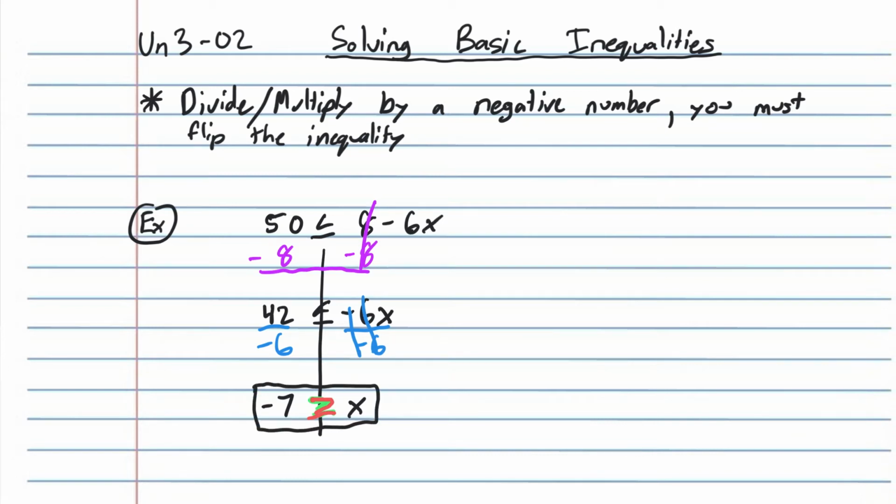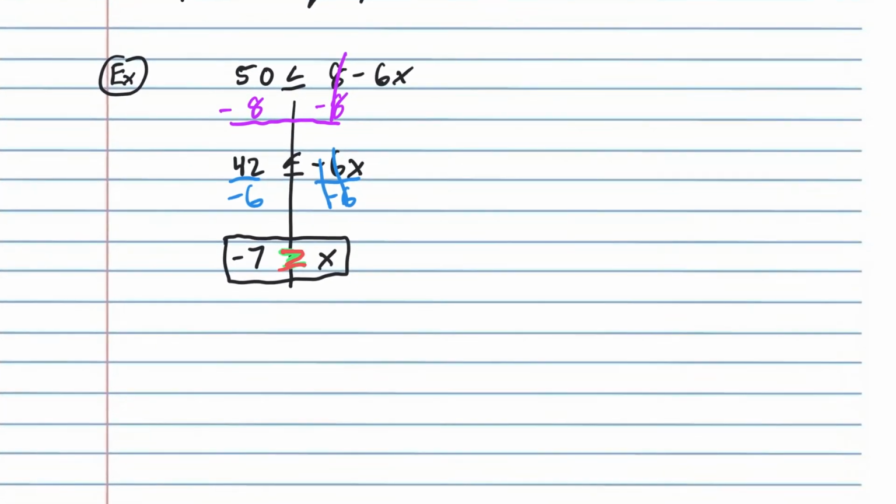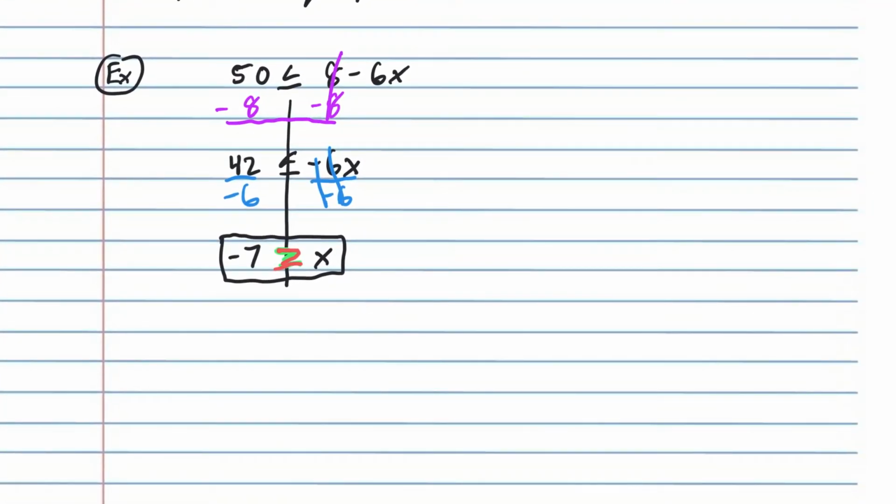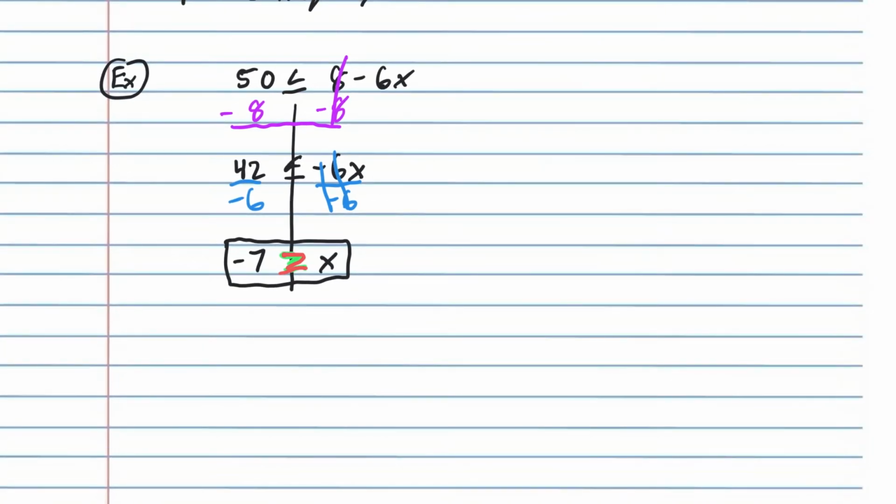Now, as in the previous video, if you're asked to graph this, it might be worth the few extra seconds to take your answer and flip it around so that the x is on the left-hand side. So switch the two sides, but don't forget, if you flip the inequality around, you flip the symbol around again. So it's back to being less than or equal to.